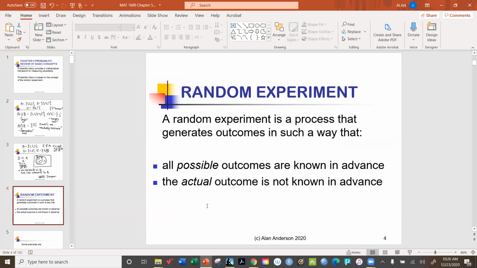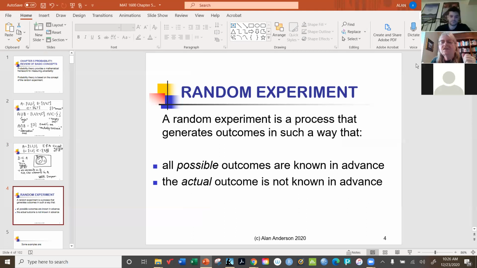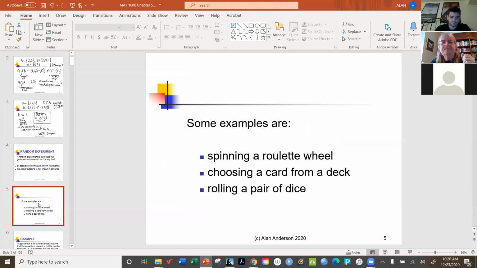We're focusing our attention on processes or experiments in which all the possible outcomes are known in advance, but we don't know which one will actually occur. This is a very general idea, but it turns out that it's easy to illustrate these concepts with games of chance, which many of you may have played before.